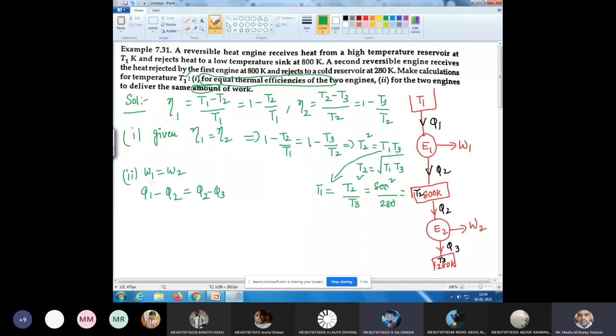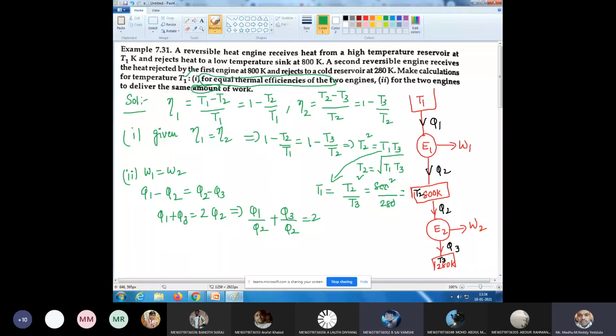So if we equate Q1 minus Q2 is equal to Q2 minus Q3 and rearrange the terms, we get Q1 plus Q3 is equal to 2Q2. Further, dividing by Q2 on both sides, I can write Q1 by Q2 plus Q3 by Q2 is equal to 2.